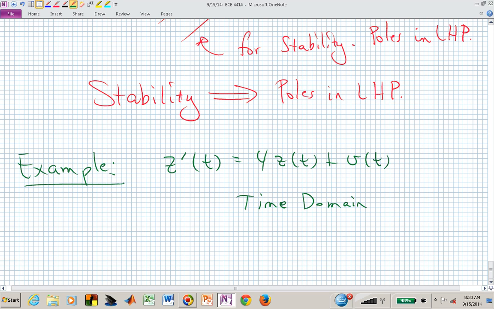The poles are a transfer function, and that's a frequency domain concept. That's why I said we need to get comfortable going back and forth between the time domain and the S domain or the frequency domain. What if we take that into the frequency domain to find the transfer function? If we had the transfer function, then we could find the poles, and where are the poles in a transfer function?